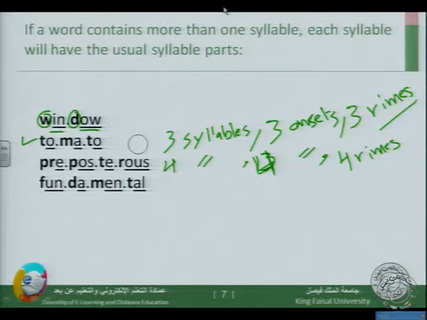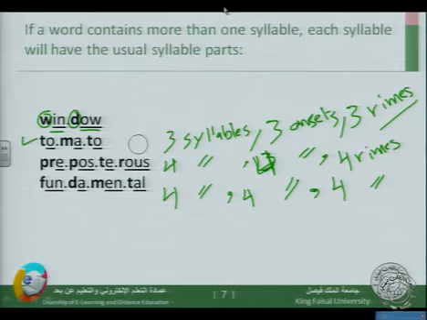The last word, fundamental. How many syllables? We have 4 syllables. How many onsets? We got 4 onsets. And how many rhymes? We have 4 rhymes. So is that clear?